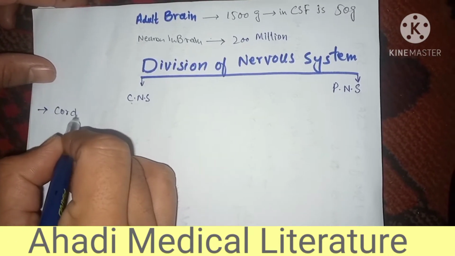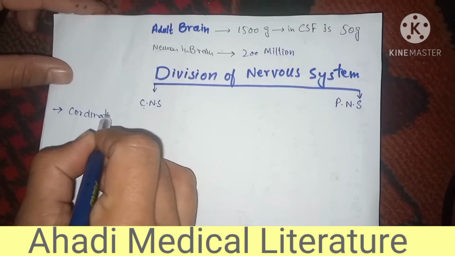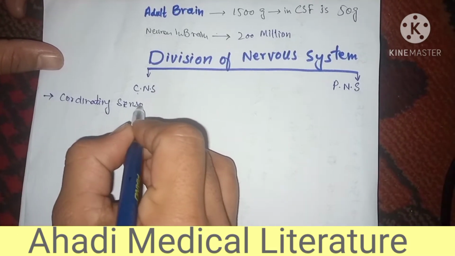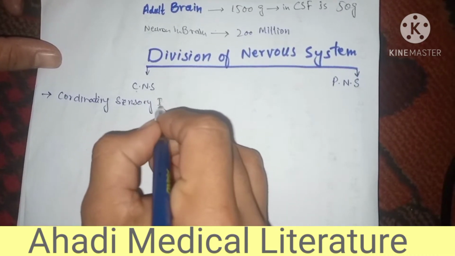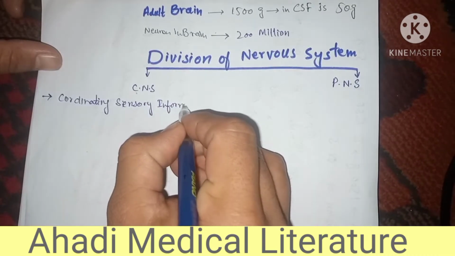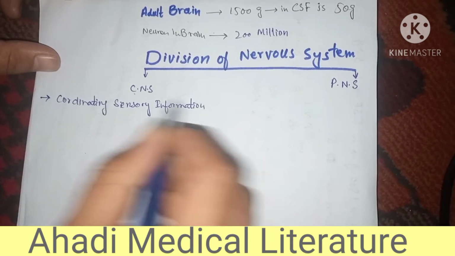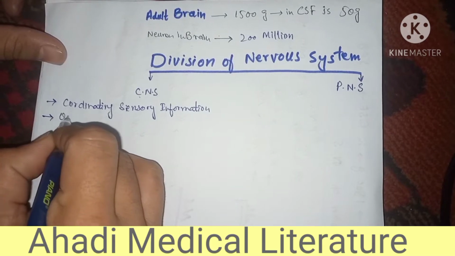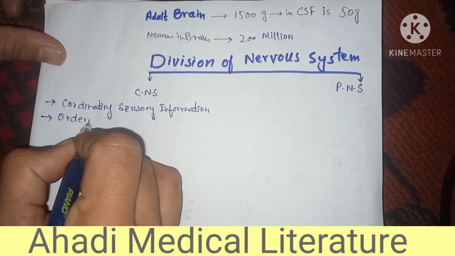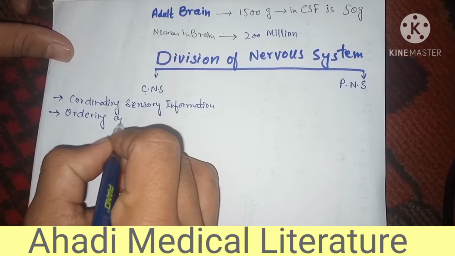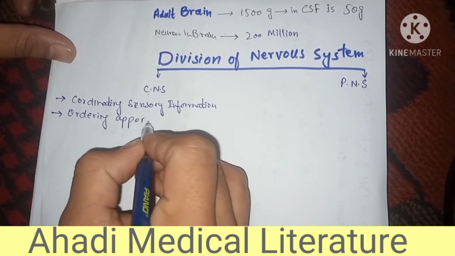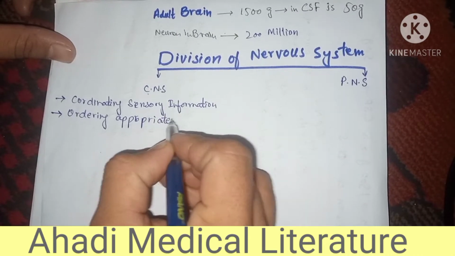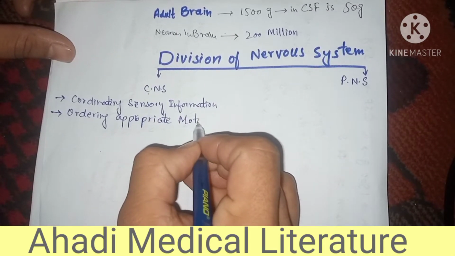The function of the central nervous system is, first, coordinating sensory information. Second, ordering appropriate motor action.